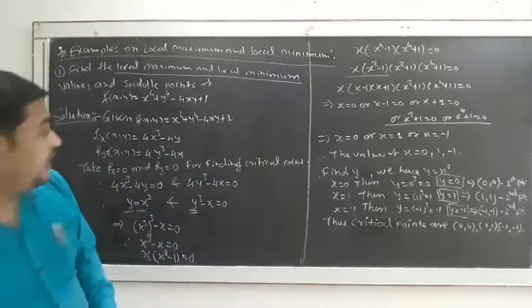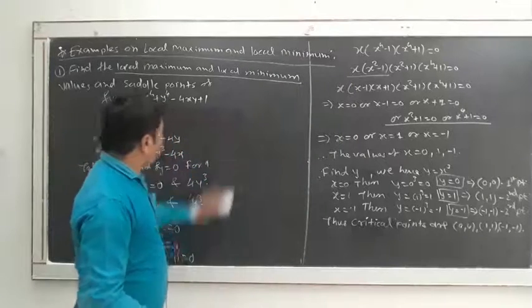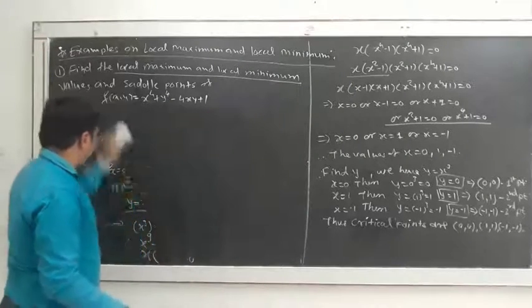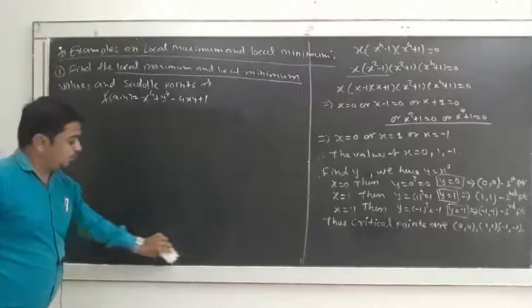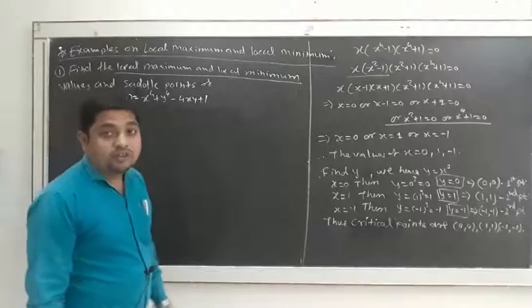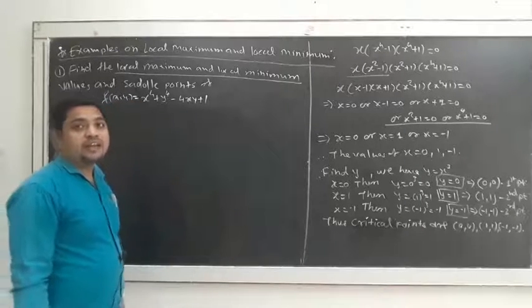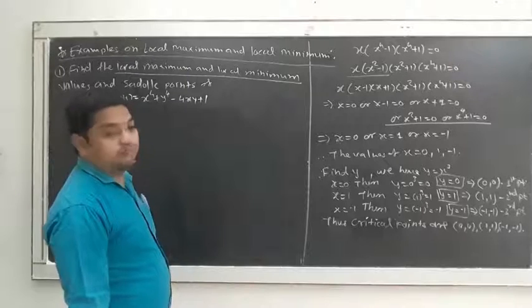So what is our next target? Next target is we have to take each and every point and use the second derivative test. And for the second derivative test, what is important is you have to find the second order partial derivatives.